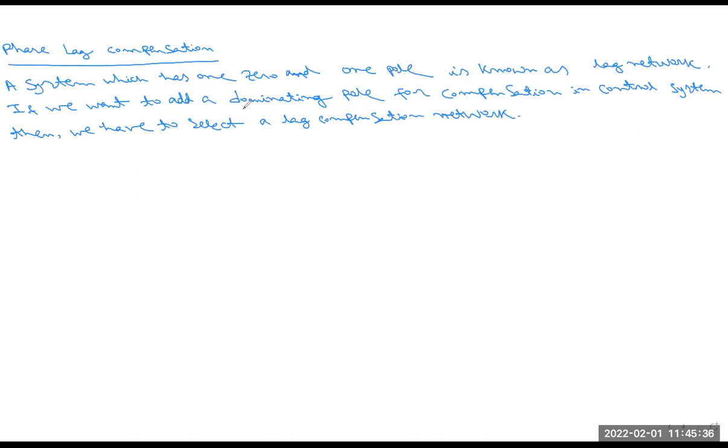Why do you have to use this? When any system has one zero and one pole, it is known as the lag network circuit. And if we want to add a dominating pole in our lag network circuit or any control system, then we have to use this compensation network in our control circuit. So what is the basic need when you have to design any lag compensation network circuit?